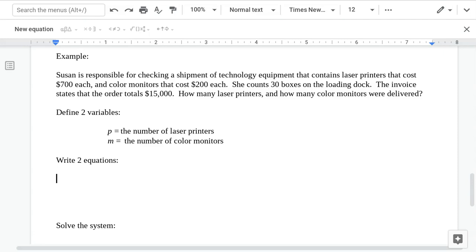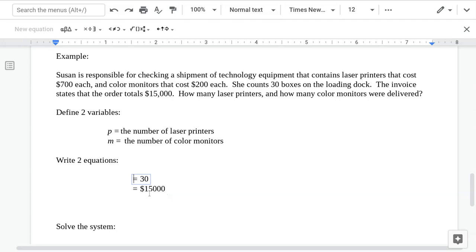And so we need to write two equations because we have two variables that we don't know. And in these two equations, we are going to put that they are equal to something. So one total is for the boxes, and then our other total is going to be for the amount of money on the invoice, so $15,000.